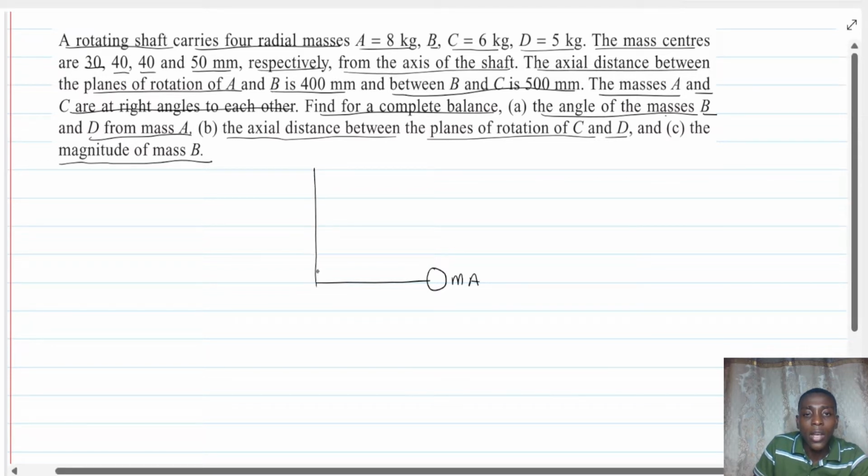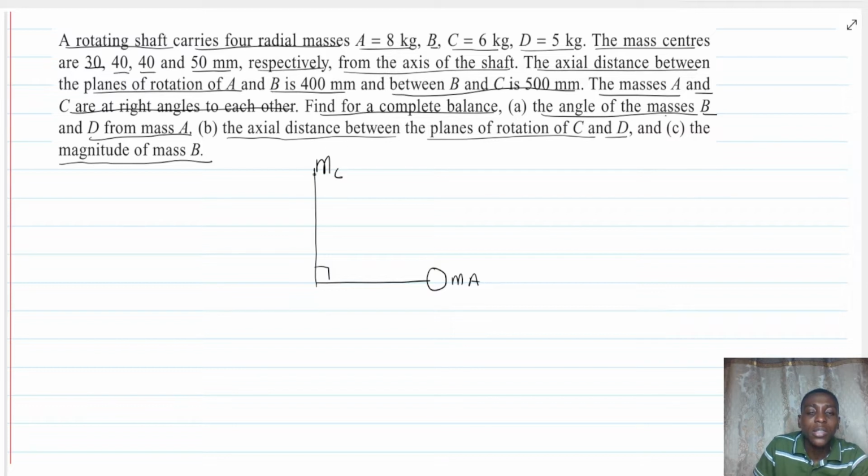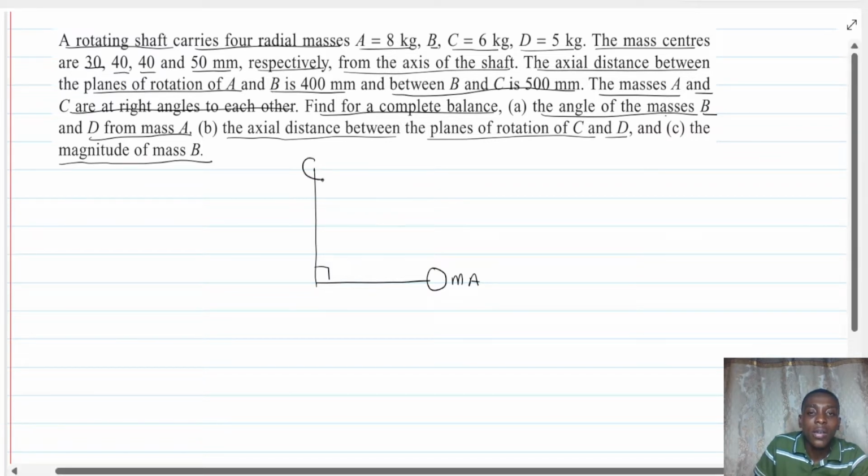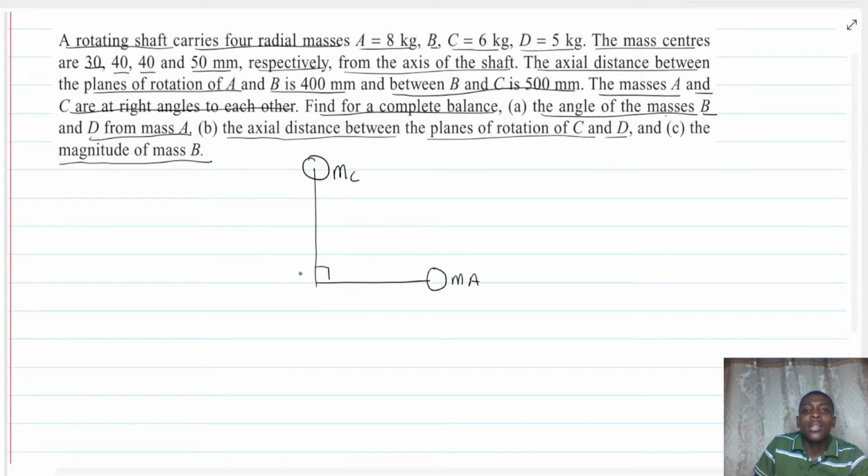So the angle here that we are expecting is actually 90 degrees to mass C. Alright, 90 degrees. Okay, so that is the information about the angles, but we were given planes of rotation.